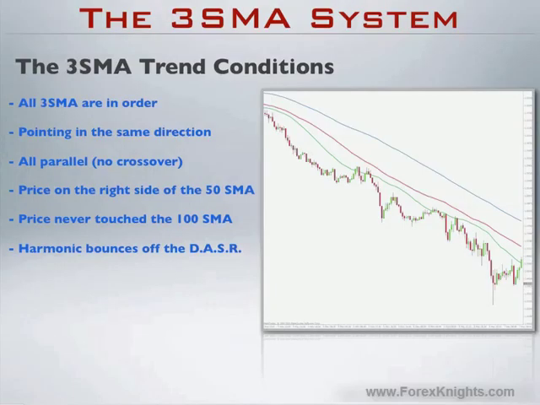Well, okay, now congratulations, you've completed the first part of the module, the first part of the 3 SMA system, which was basically to identify solidly and healthy trending market scenarios. You know now how to identify a healthy trend, not only as what it looks like on your chart as per the first five SMA conditions, but also what's the correct time frame to look into that trend.